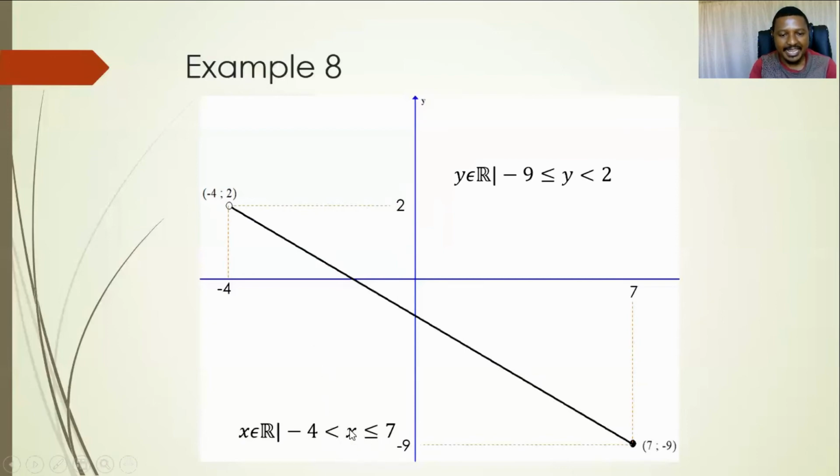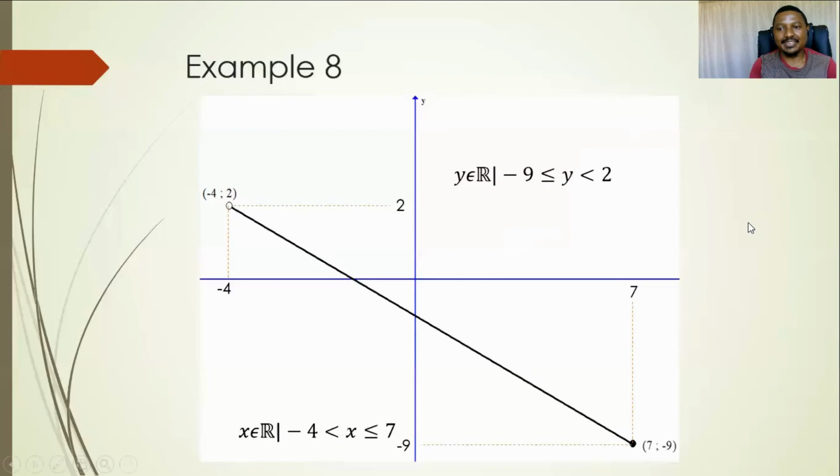We said x strictly greater than -4 because -4 is not part of the domain, it's not there in the function. So we take anything above -4, but 7 is included. That's why we said there less than or equal to 7. So you must be careful for those little details, learners, to ensure that you get all the marks.